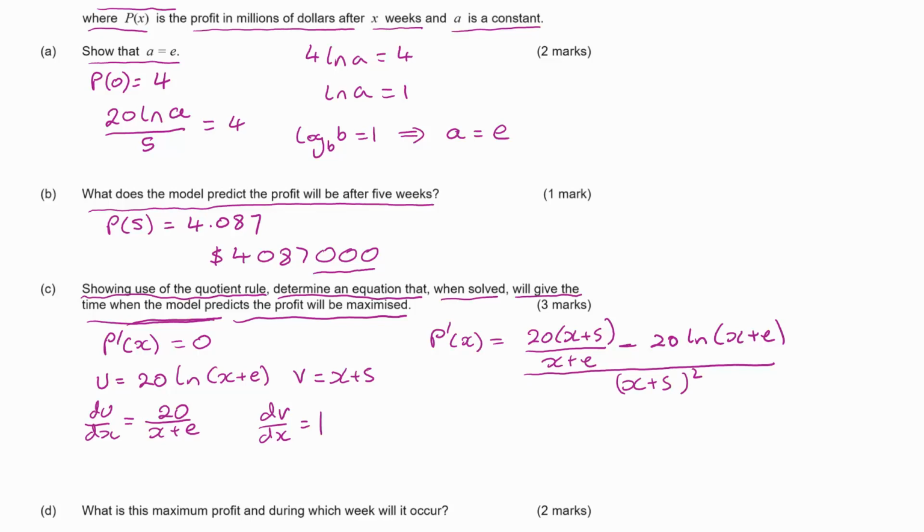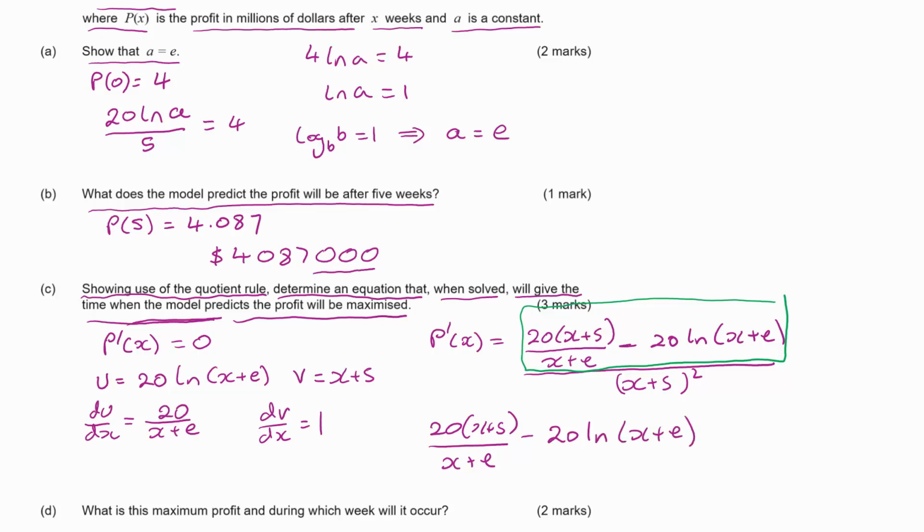Now for this to be 0, it has to be the numerator that is equal to 0. So we can simply say 20 times x plus 5 over x plus e, take away 20 ln of x plus e, is equal to 0.